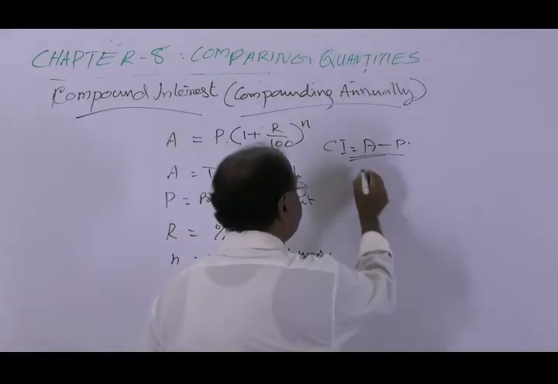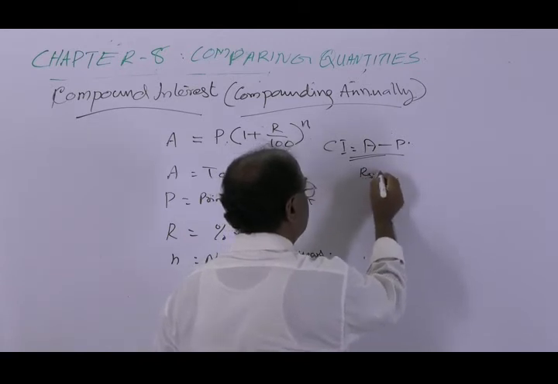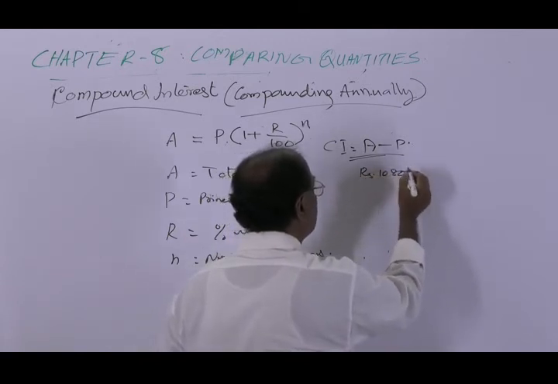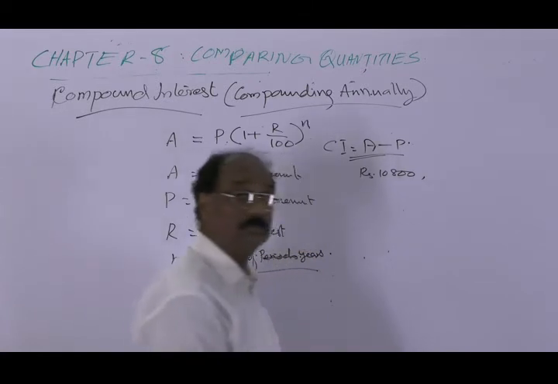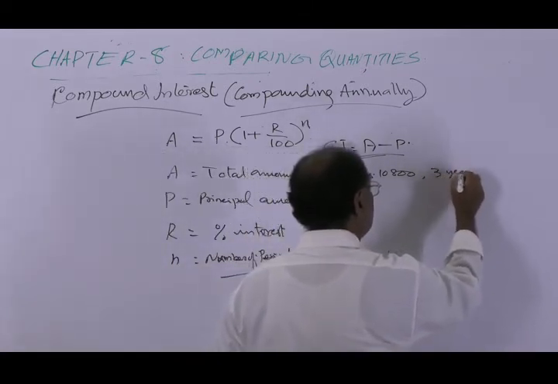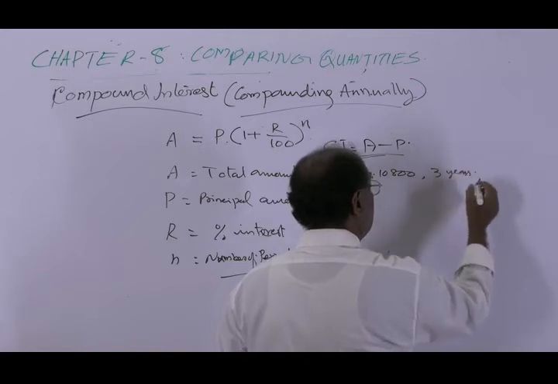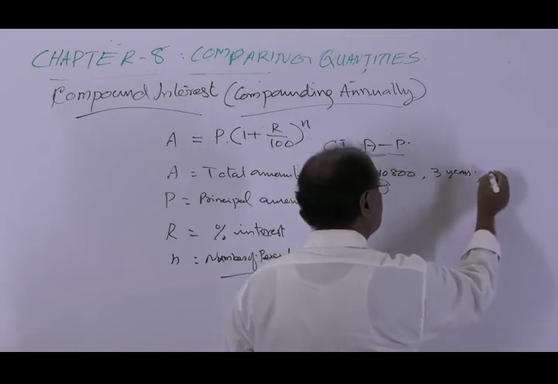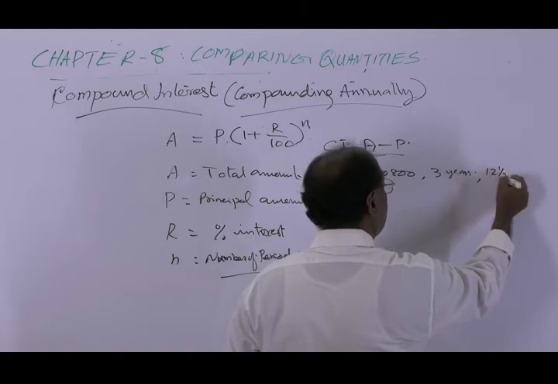Suppose rupees 10,800 is deposited in a bank for 3 years at an interest rate of, say, 12.5%.